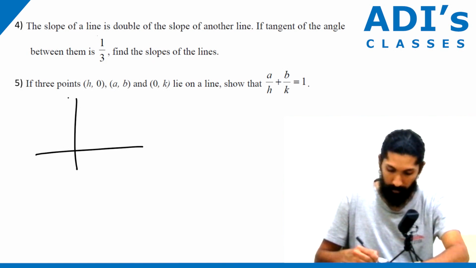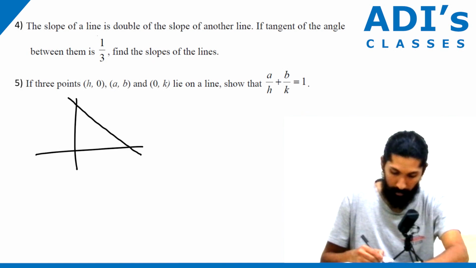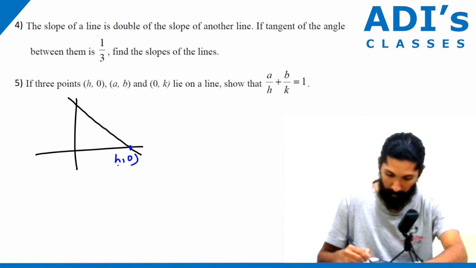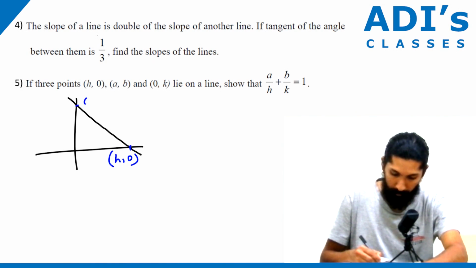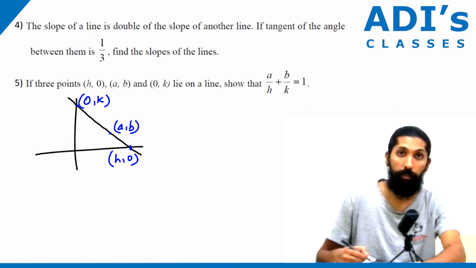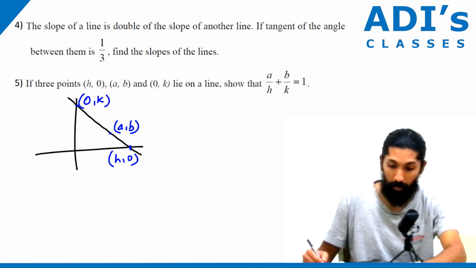Let's assume that the line goes like this. So this point is going to become h comma 0, this point is going to become 0 comma k, and somewhere in between we have a point a comma b. A comma b is on the line, isn't it? You have to show that these 3 points lie on the line.